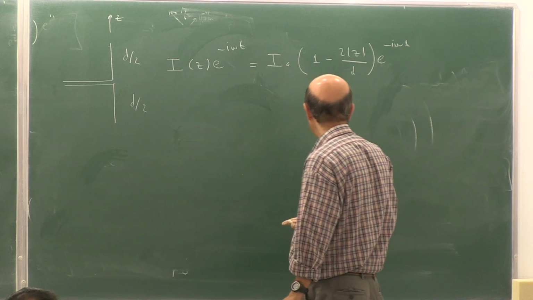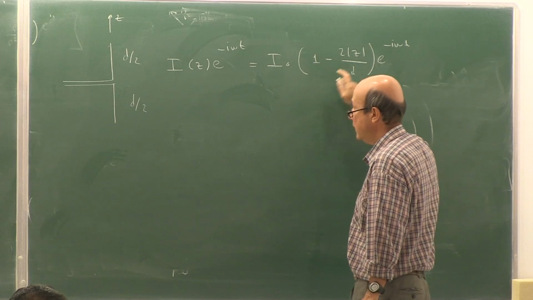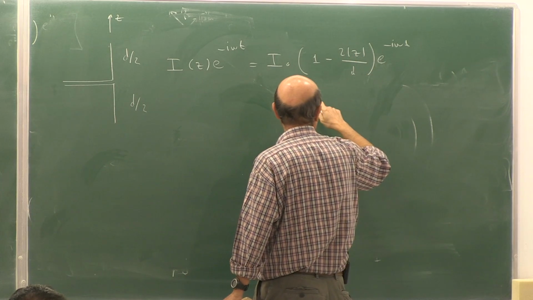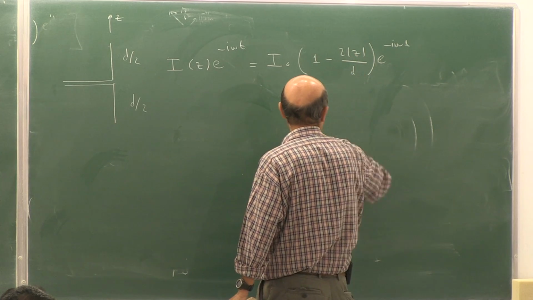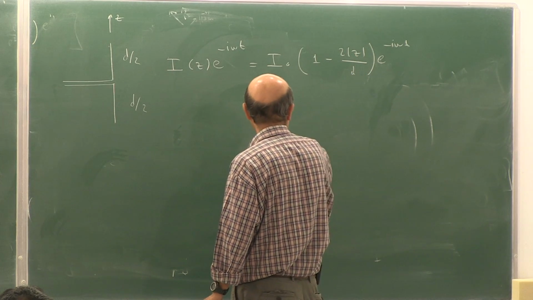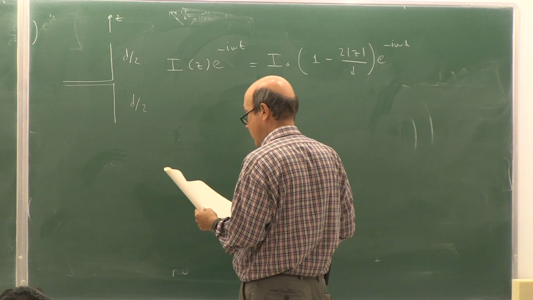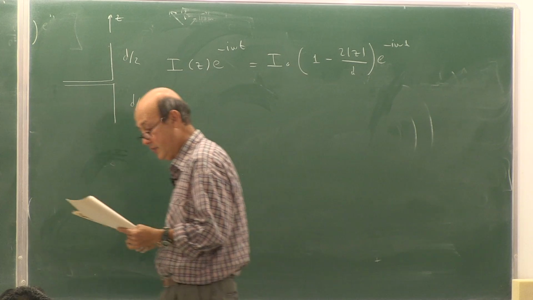What kind of function is this? At z equal to 0, at the center, that is I0, and when z equals d over 2, that will vanish.